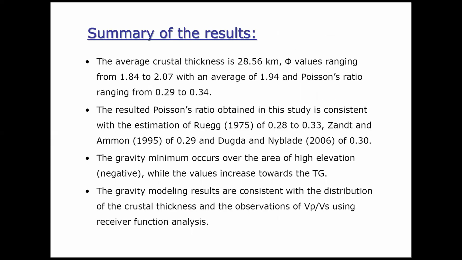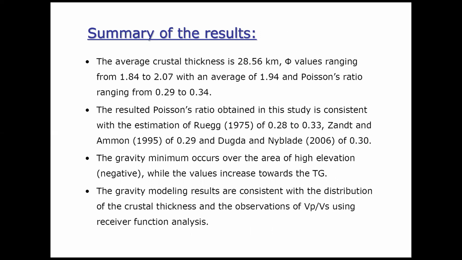Summary of the results. The average crustal thickness is around 28.56 kilometers. The phi value ranges from 1.84 to 2.07, with an average of 1.94, and the Poisson's ratio ranges from 0.29 to 0.34.